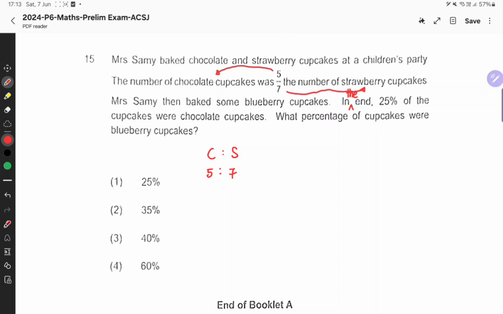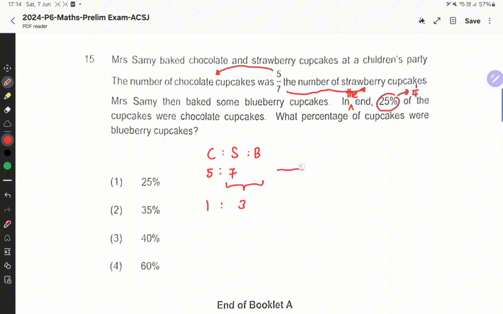Mrs. Sammy then baked some blueberry cupcakes, so now she gets an extra blueberry cupcake. In the end, 25% of the cupcakes were chocolate cupcakes. So 25% is 1/4. What it means is that the total of strawberry and blueberry is 3 units, and here is 1 unit.